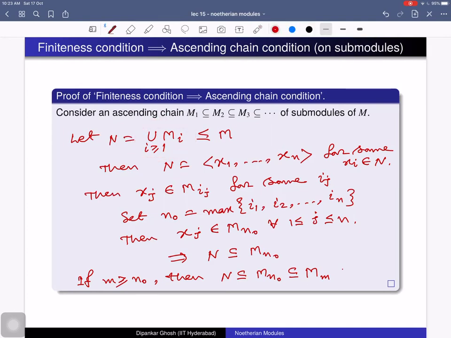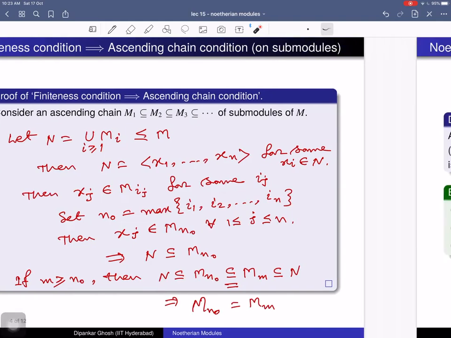So this M_m is contained in N. So we have started with N and ended with N, so we should have equality at each step. This implies that M_n0 is the same as M_m. So we have proved that this ascending chain is stationary.